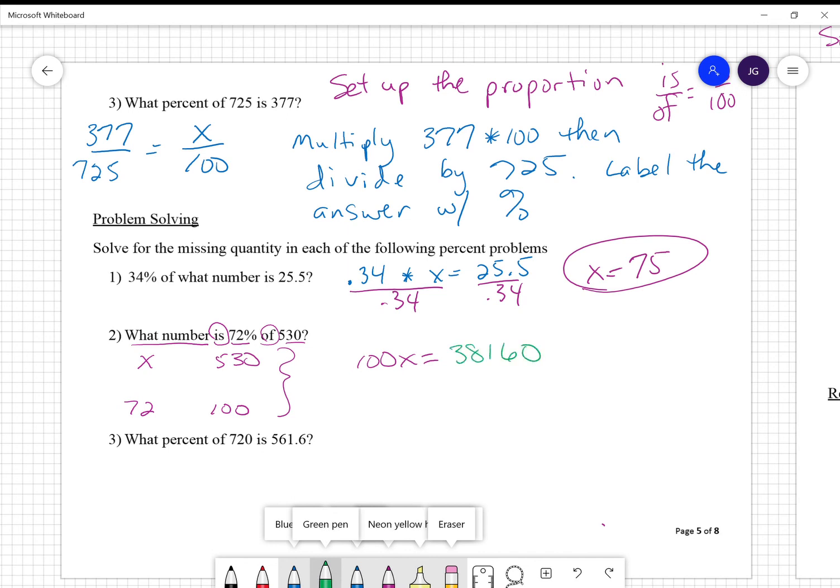Now it changes color. Divide both sides by 100. X equals 381.6.